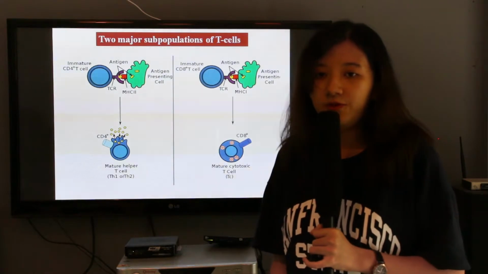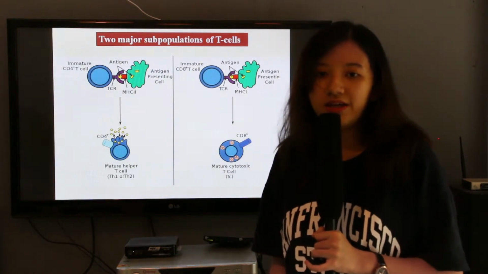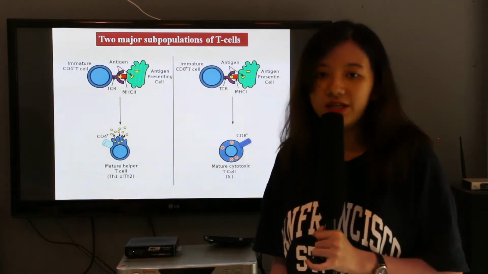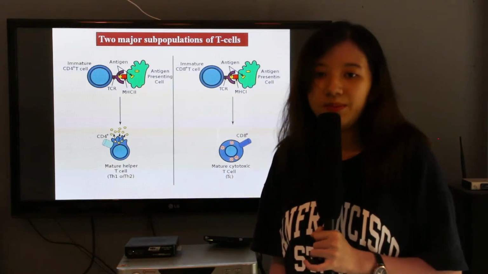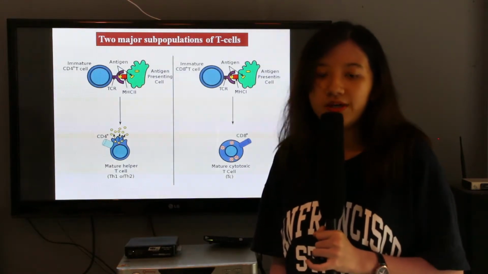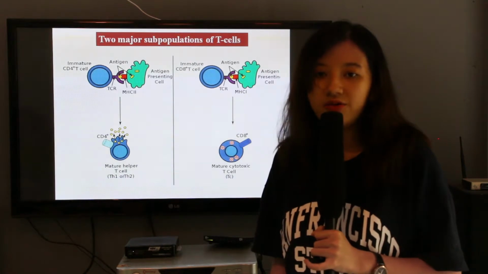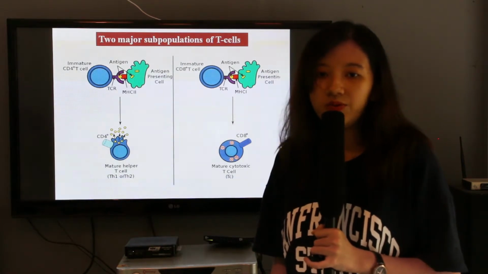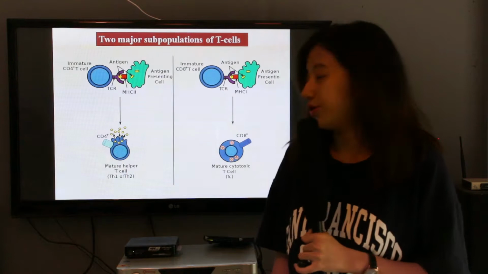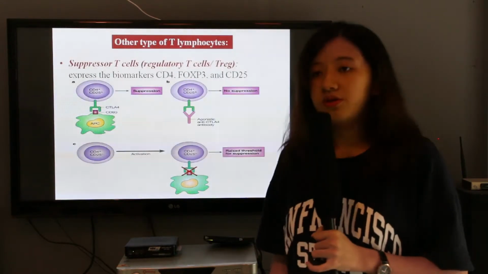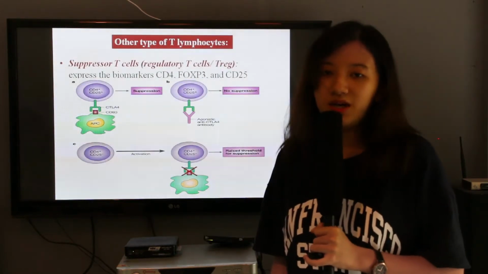CD4 plus T cells recognize their specific antigen in association with MHC class II molecules, whereas CD8 T cells recognize the antigen in association with MHC class I molecules. So that's all for the two main types of T cells.